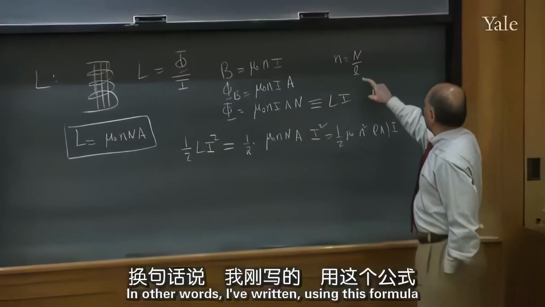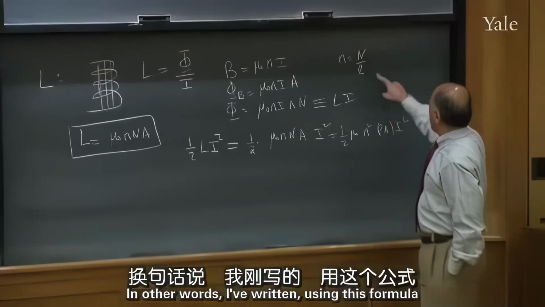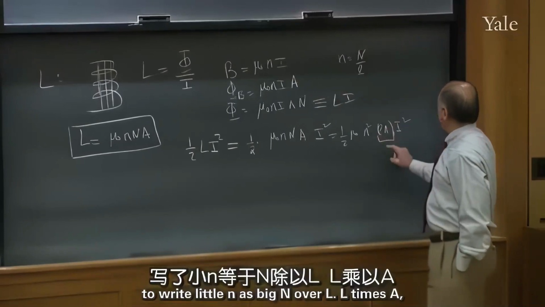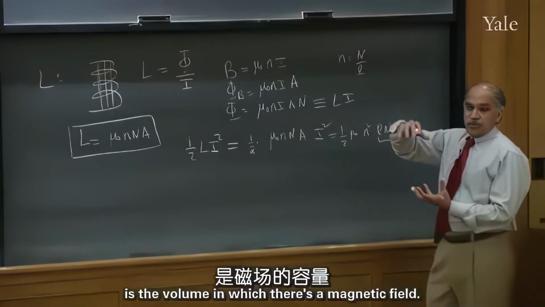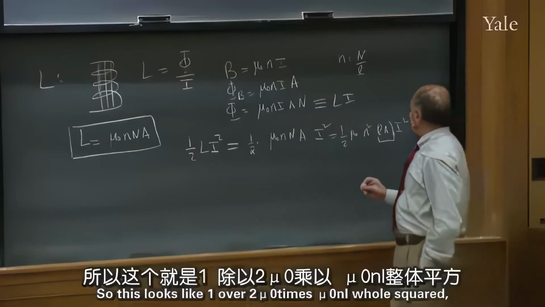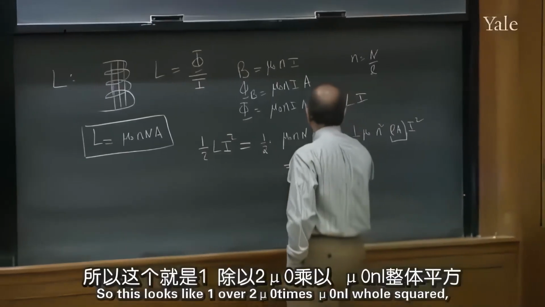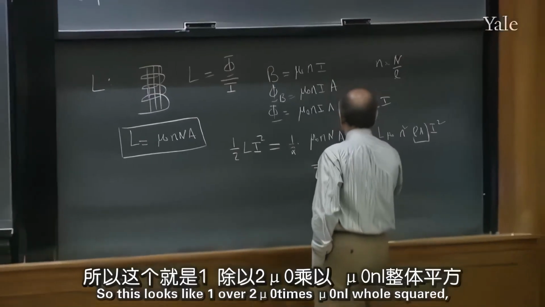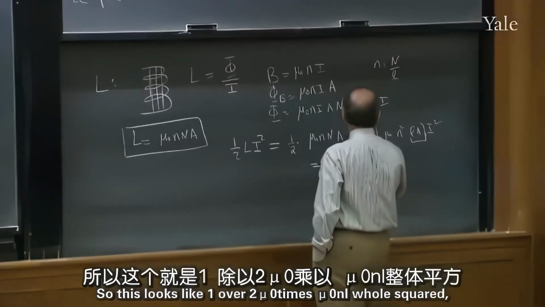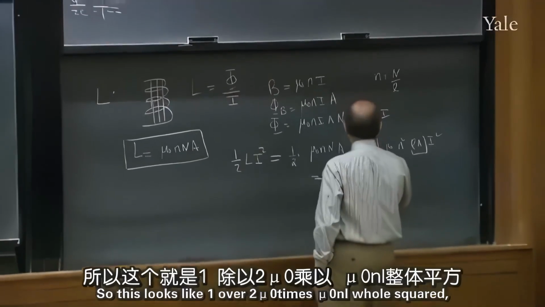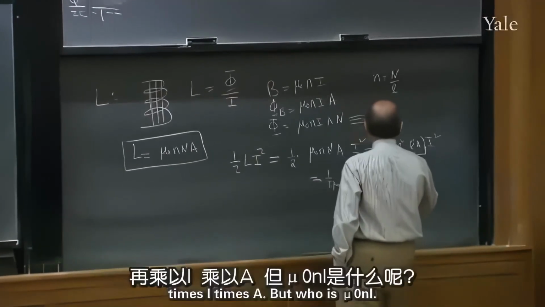In other words, I've used this formula to write little n as big N over L. L times A is the volume in which there is a magnetic field. So this looks like 1 over 2 mu 0 times mu 0 n I, whole squared, times L times A.